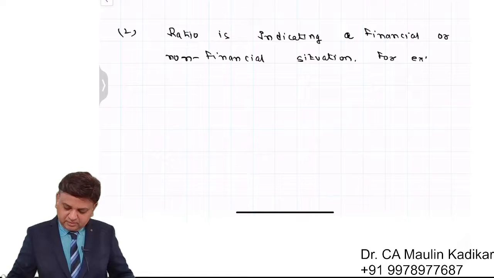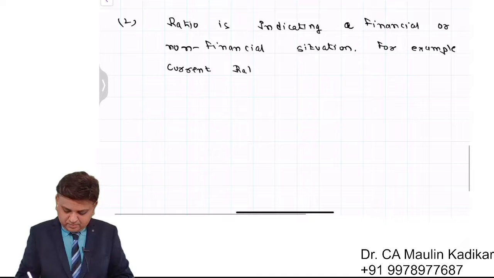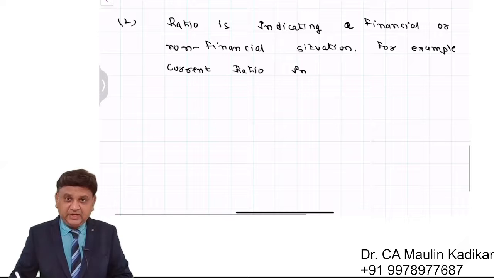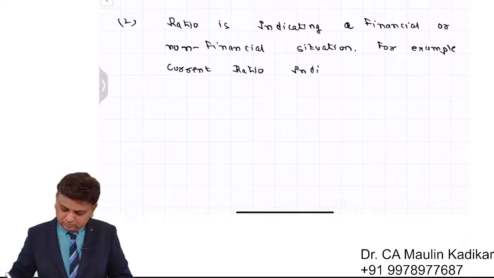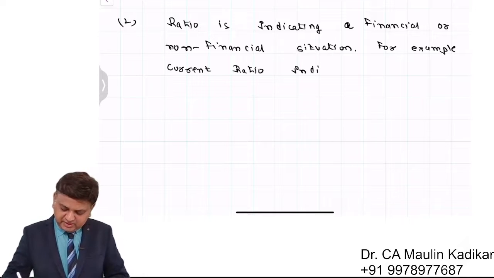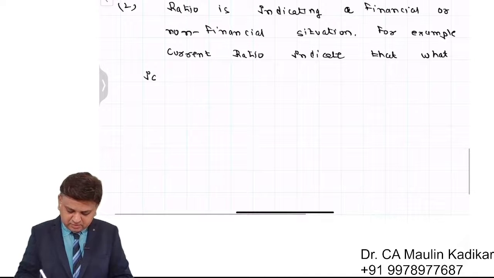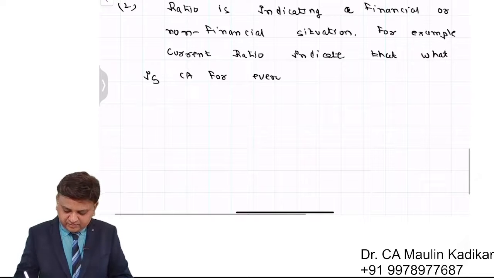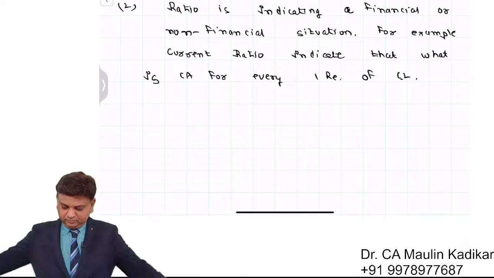For example, current ratio indicates what is current assets for every 1 rupee of current liability.